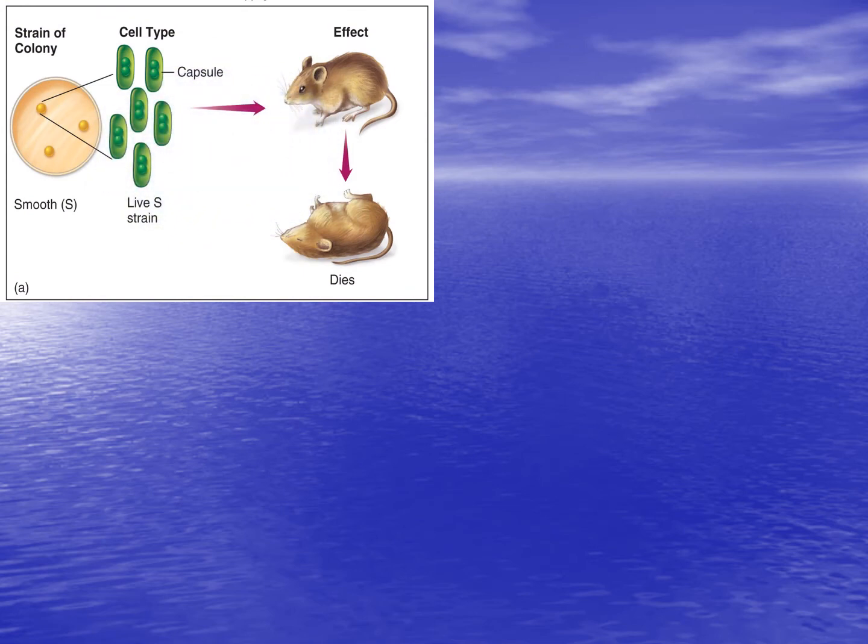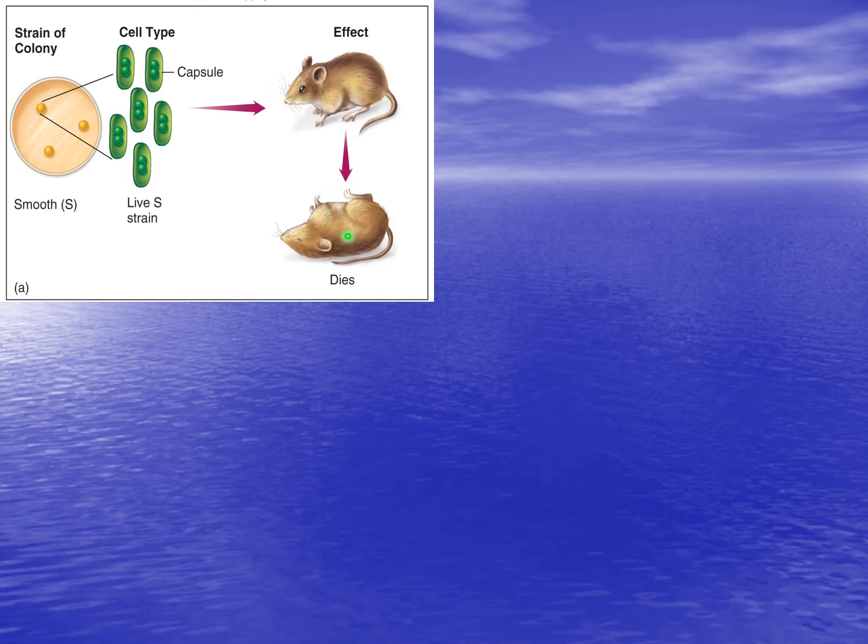So what he did first was he grew a bunch of the encapsulated Streptococcus pneumoniae. He took a pure colony, following Koch's postulates, and inoculated susceptible hosts. And the mouse actually developed severe pneumonia and died.